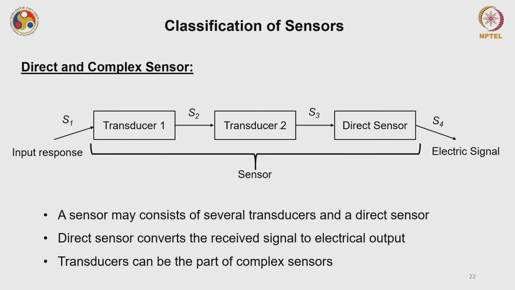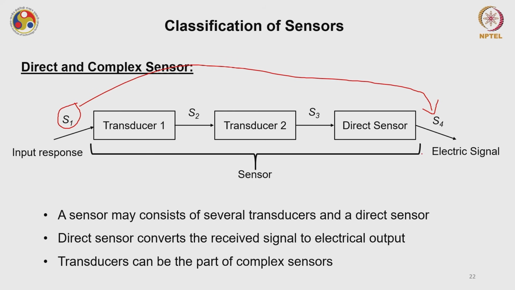Let us first understand the difference between a direct sensor and a complex sensor. See the figure on the screen. You have a signal S1. Some user has to convert this signal S1 to S4. There is no sensor available which can convert signal S1 to S4.